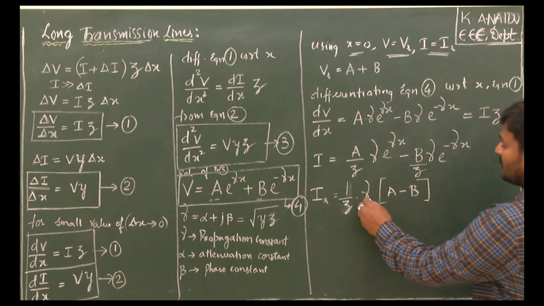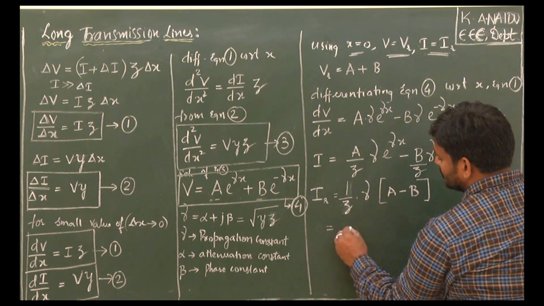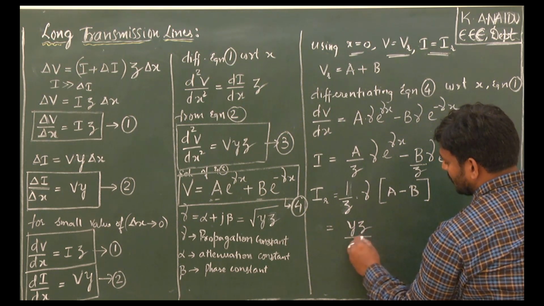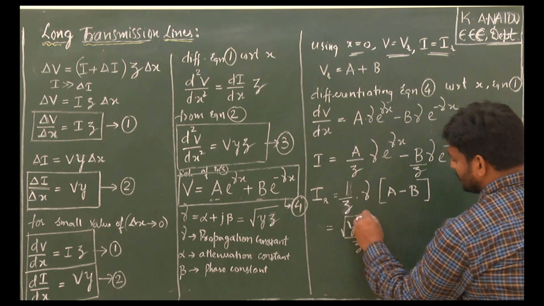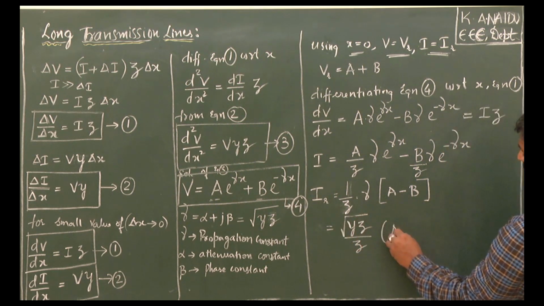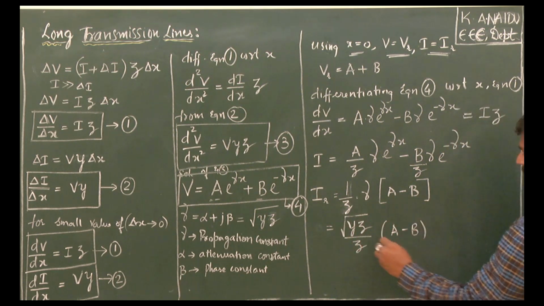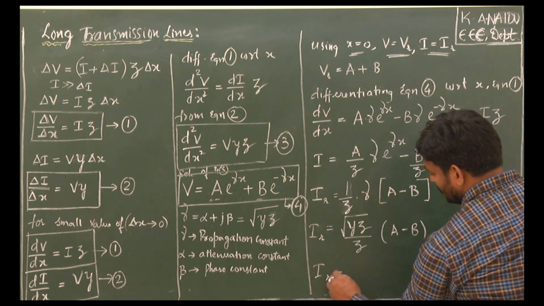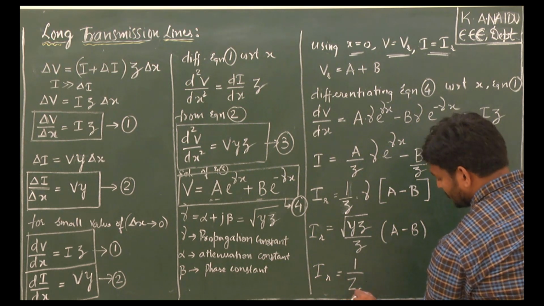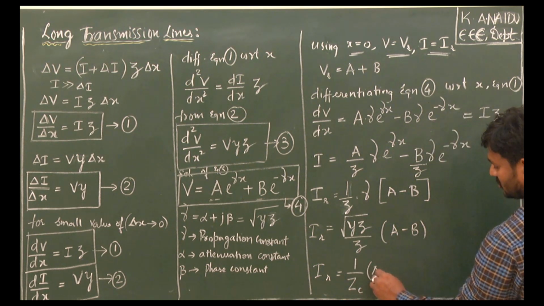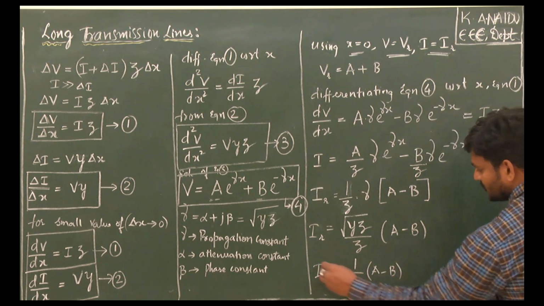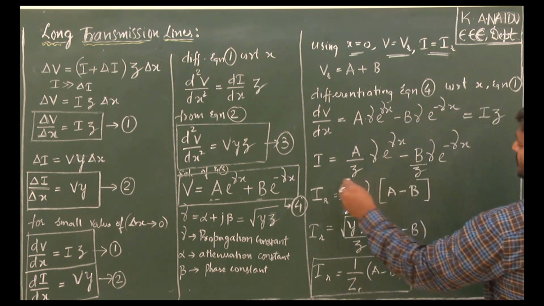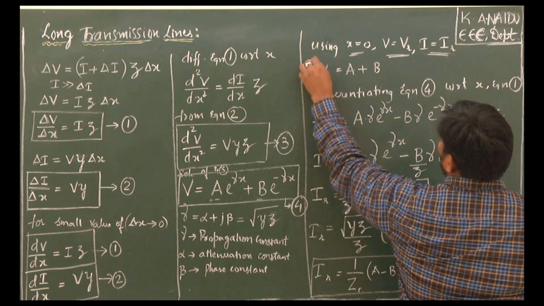Now here, gamma is nothing but square root of y into z, upon z, into A minus B. So this can be written as I_R is equal to 1 by capital Z_C into A minus B. Clear?